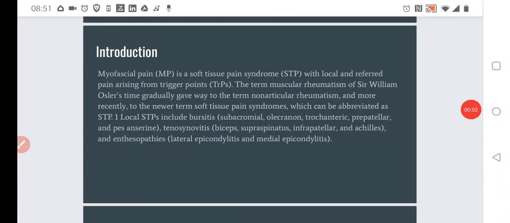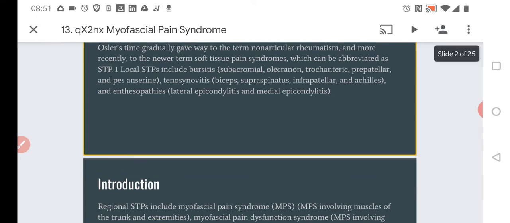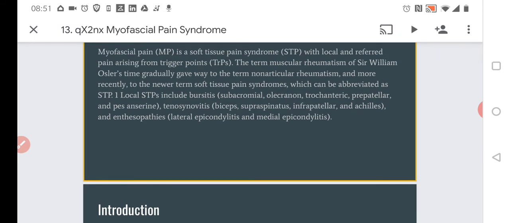Myofascial pain syndrome is a soft tissue pain syndrome, so it originates from the soft tissues. The old term is MPS, the term of muscular rheumatism.